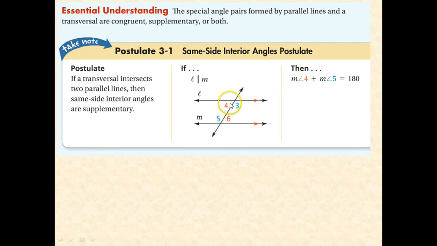So that means that the measure of angle 4 plus the measure of angle 5 is going to equal 180 degrees. And also the measure of angle 3 plus the measure of angle 6 is going to equal 180 degrees. That's pretty cool. The way I said it when I was in school back in the day: two parallel lines cut by a transversal, then same side interior angles are supplementary.